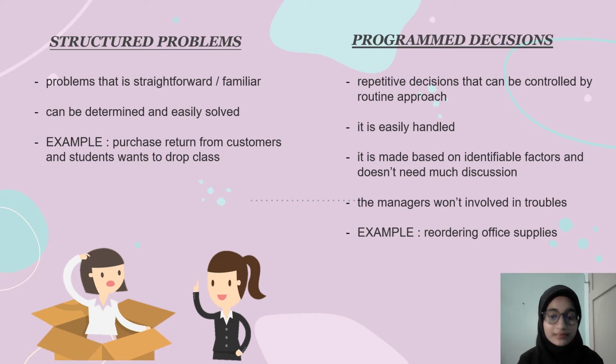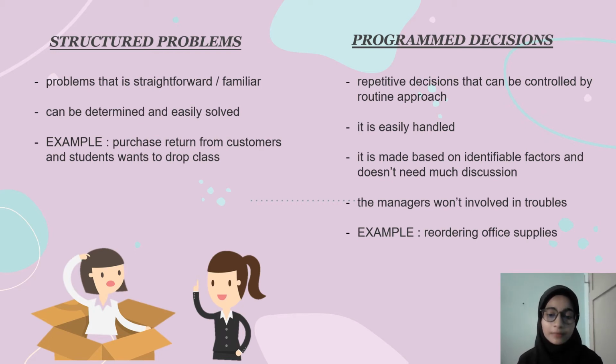The instances that I could relate to this situation are as stated in the slide. The first example is purchasing returns from customers. Another example is a supplier doing late delivery on an important product, a student who wants to drop a subject, and so forth.